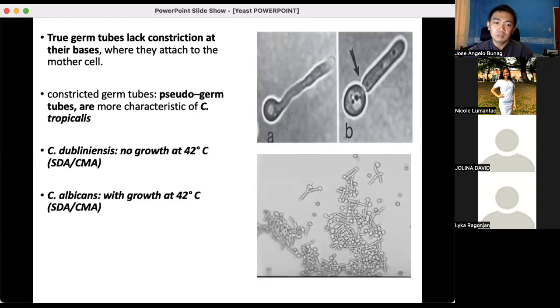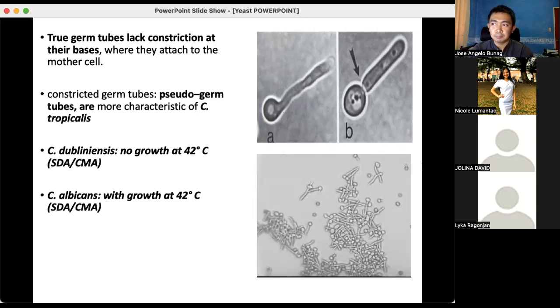After that incubation, a drop of the suspension is placed onto a clean microscope slide. And then you observe this slide under a microscope.